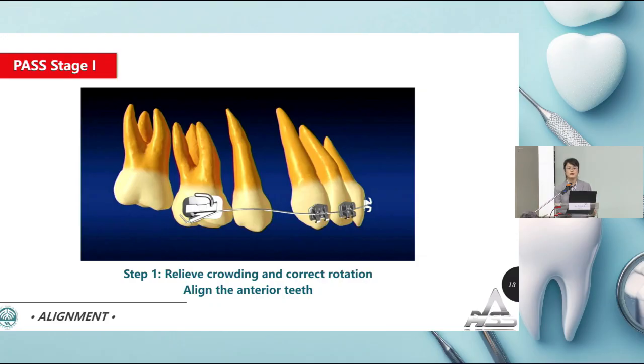First, we align the anterior teeth by using the round tube of the XBT. We bond the buccal tube and the 3-2-3 brackets on the upper teeth and the lower teeth to relieve crowding, correct rotation, and align the anterior teeth.